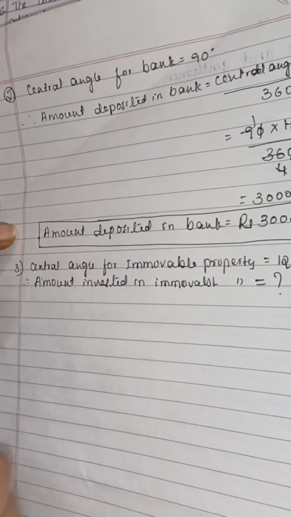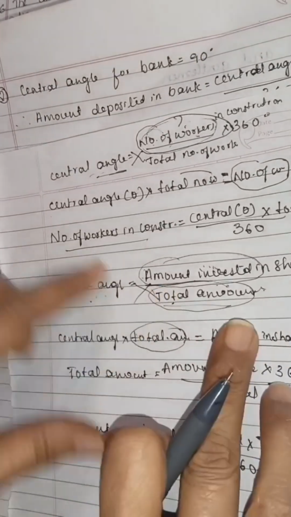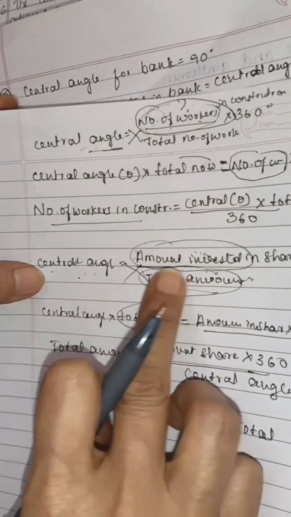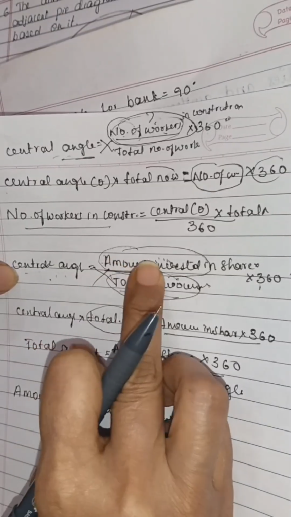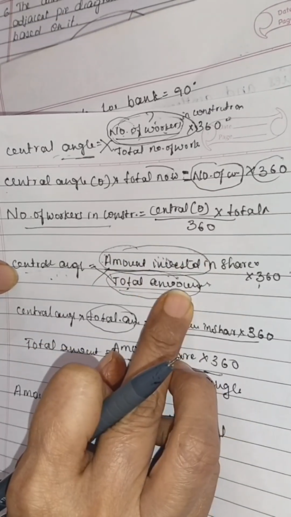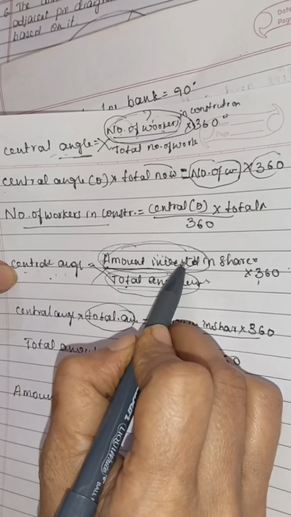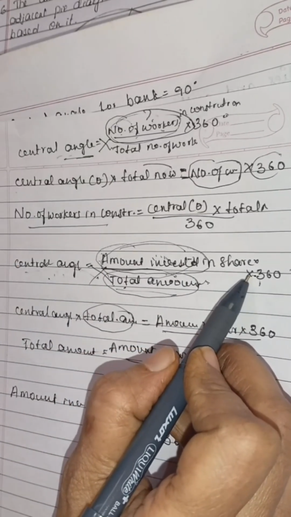For that we know this formula: central angle equals the amount invested in immovable property divided by the total amount, multiplied by 360. We have to find the amount invested, so the central angle will come to the numerator and 360 will come to the denominator.